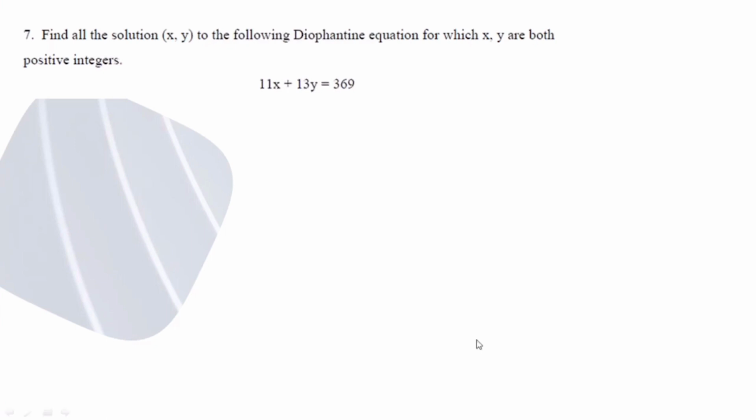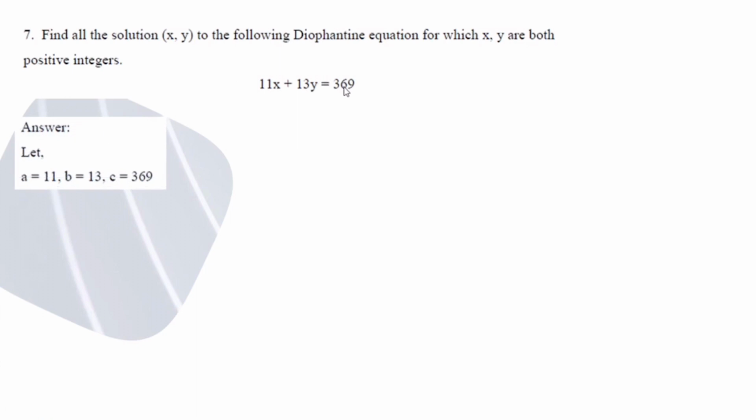Now, for question number 7, it says find all the solutions x, y to the following Diophantine equation for which x, y are both positive integers. The equation is 11x plus 13y equals 369.